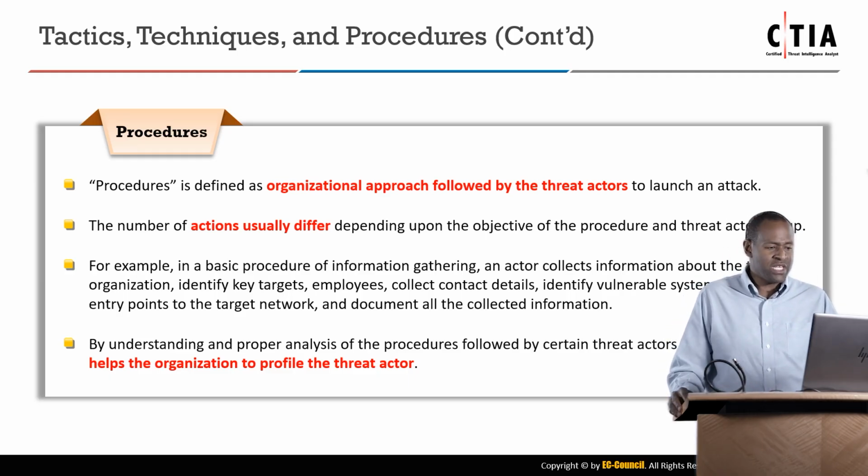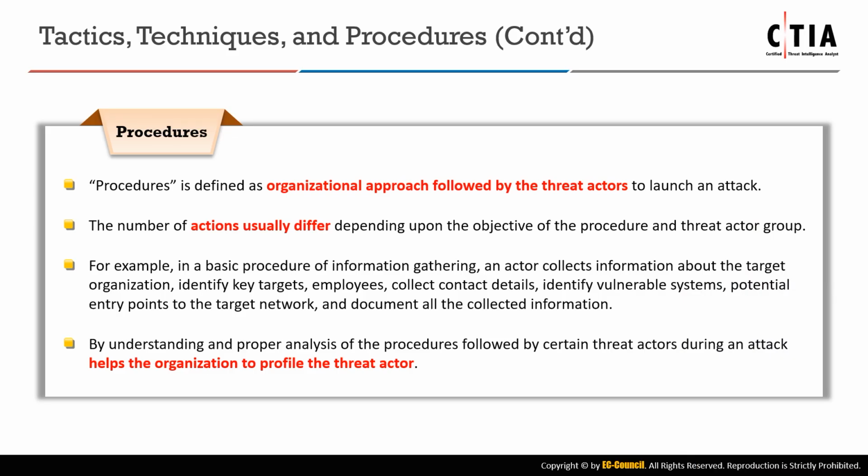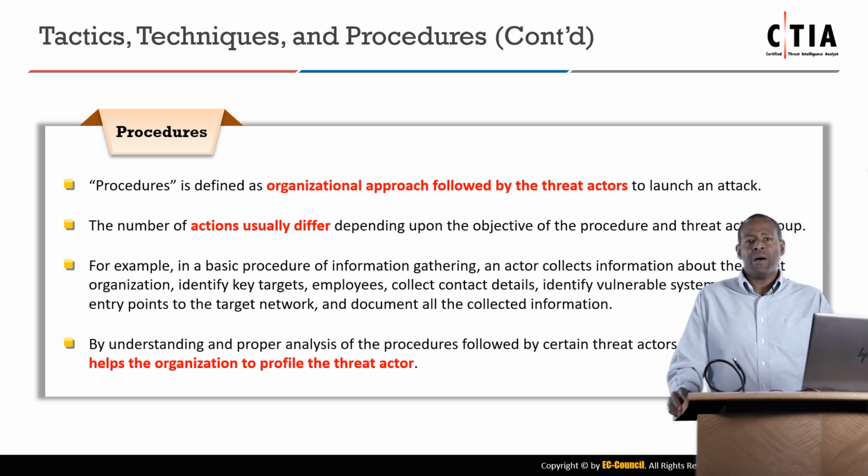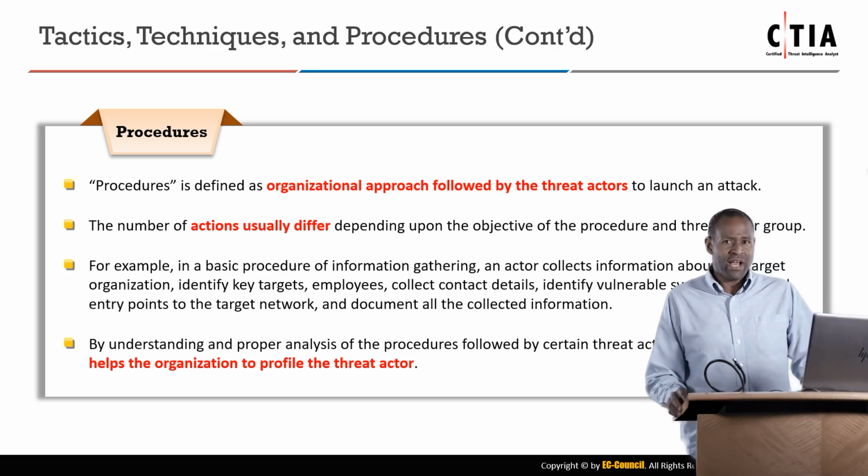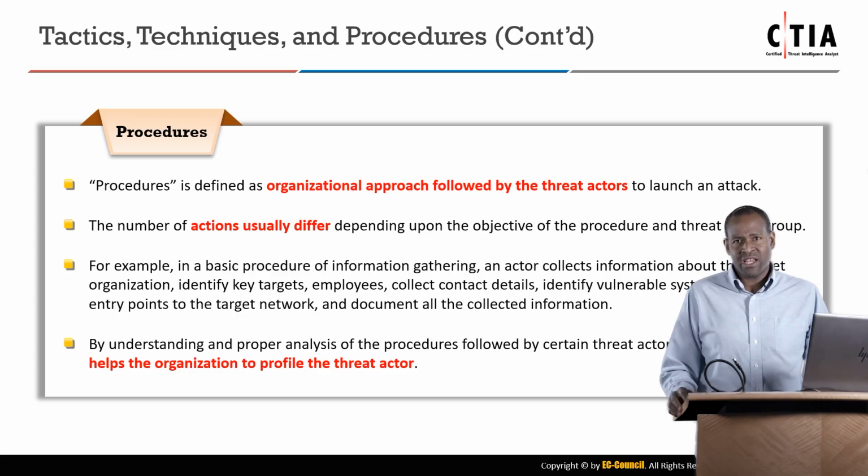So knowing what these procedures are that are followed by the attacker, that are followed by the threat actor, helps us, again, to profile. So understanding the TTPs helps us to be able to profile, to give us an understanding of the threat actor, of the attacker that is potentially gaining access to our network.